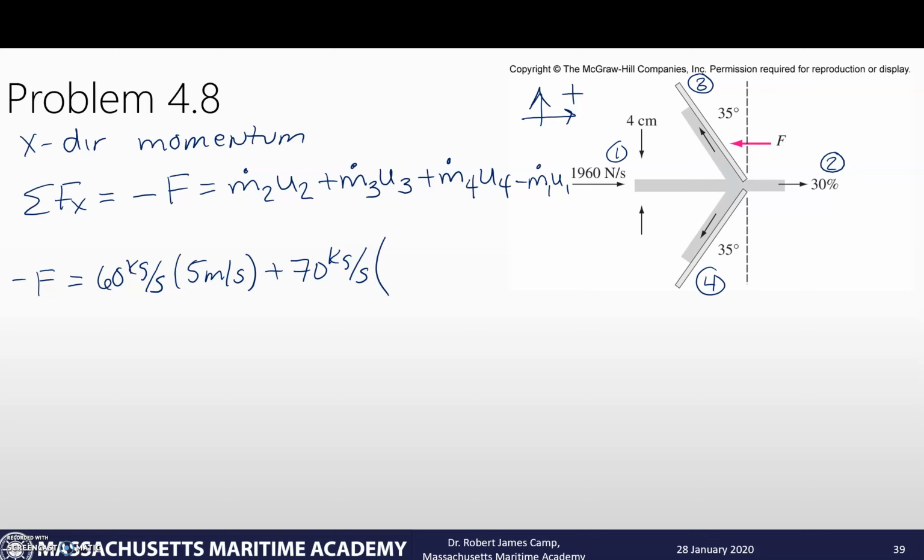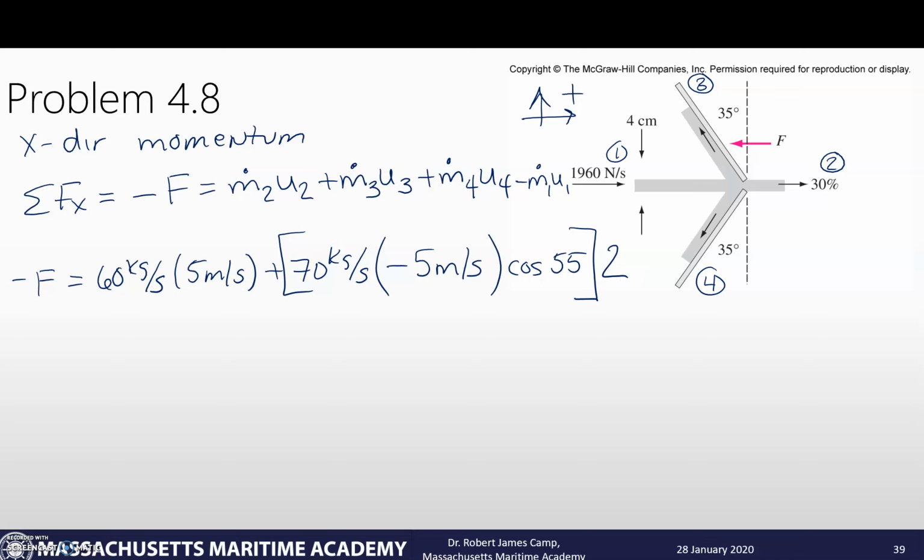Also, they're operating in the negative direction, so you're looking at negative 5 meters per second times the cosine of 55 degrees, because we need that projection. We need that x direction. So if I do that at 4, I'm going to get the same thing. It's going to be m dot 4, which is 70 kilograms a second, times a negative 5 meters per second, times a cosine of 55. So I'm just going to take that part, multiply it by 2, because it's the exact same equation. That's everything coming out of the system.